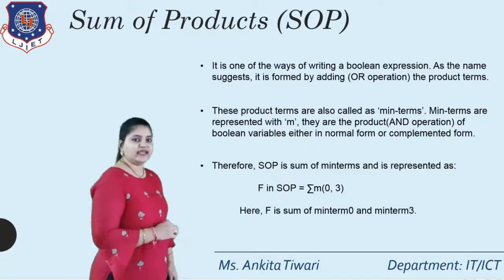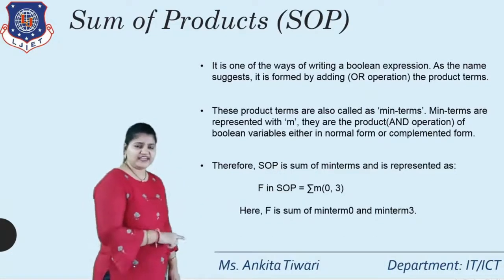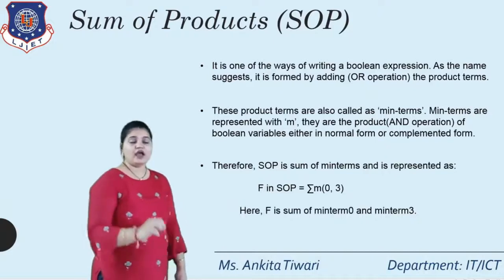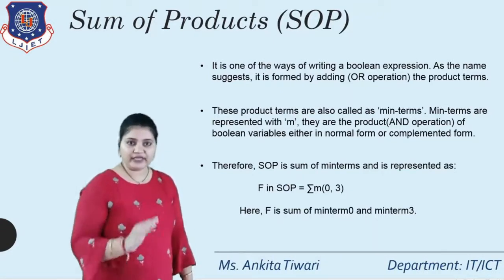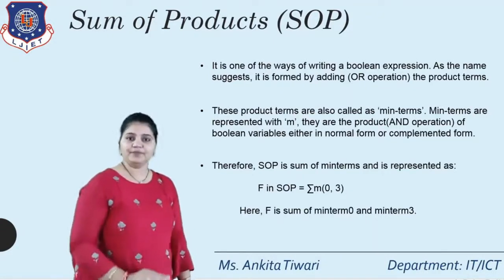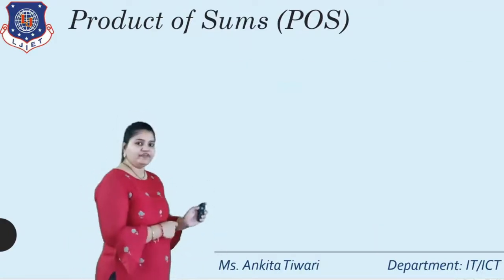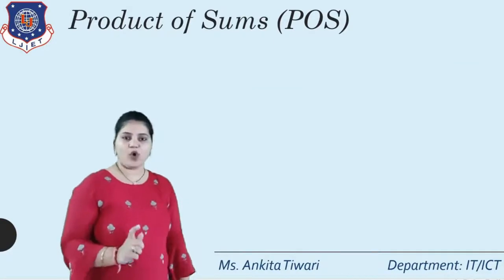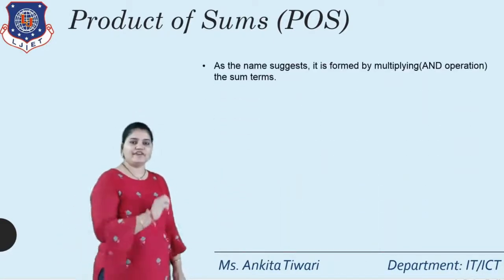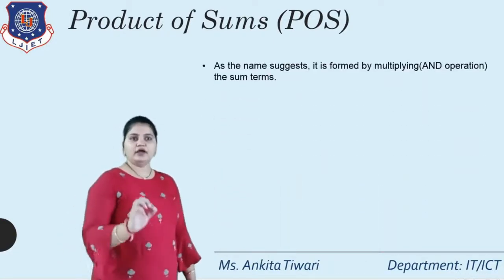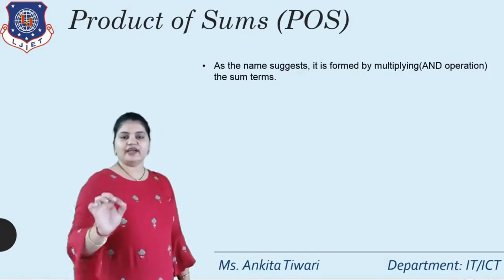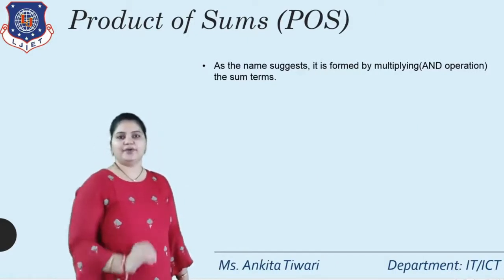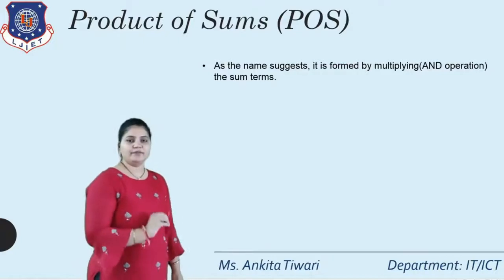Okay, now this is represented where F is defined as a function having min term 0 and min term 3. Now we will talk about the next representation, POS. POS is product of sum. As the name suggests, it is taken by multiplying, the AND operation, of the sum terms.